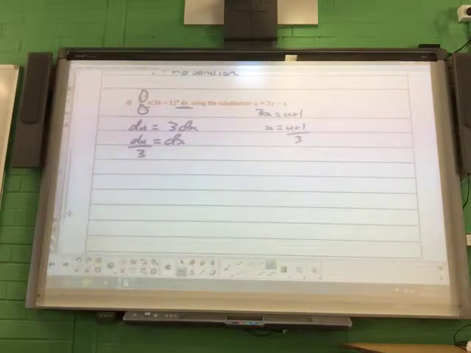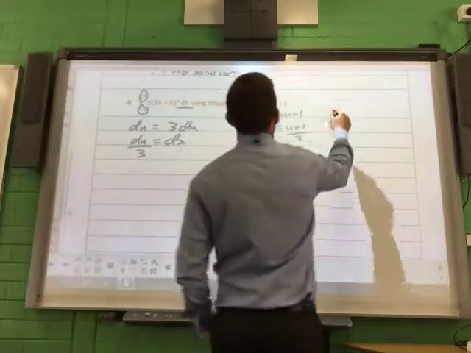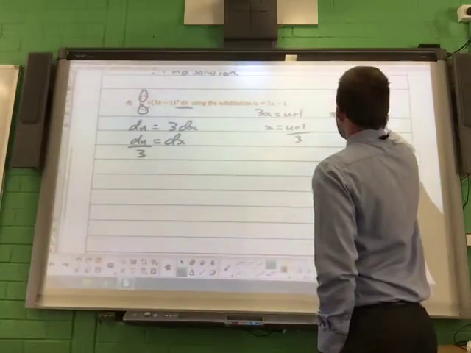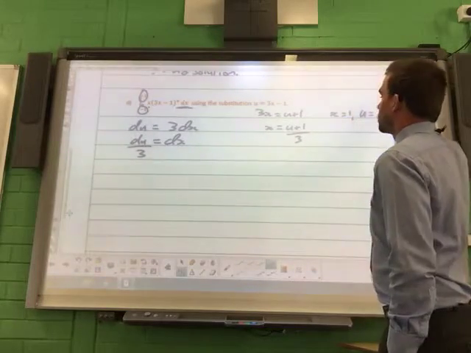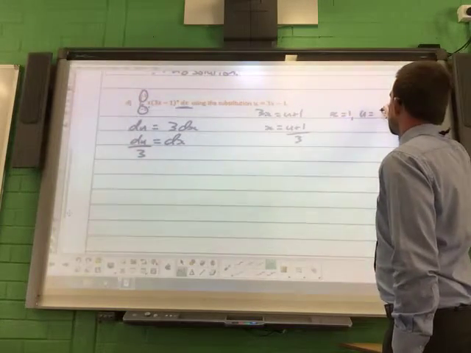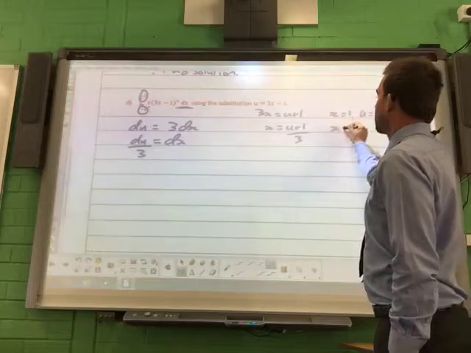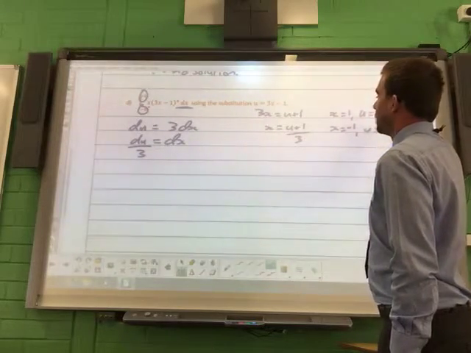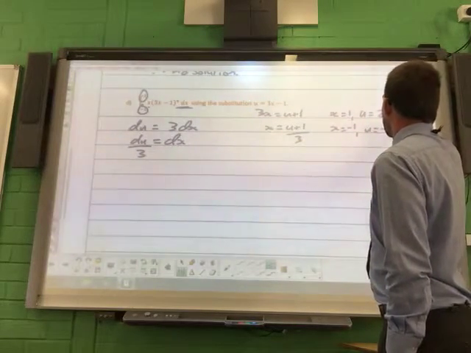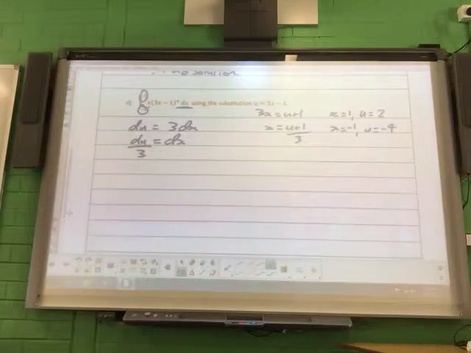When x is 1, u is going to be 3 lots of 1, which is 3, take away 1, which is 2, and when x is negative 1, u is going to be negative 3, take away 1, negative 4. Hopefully we won't have a problem with a negative number. I don't think we will, but we'll find out.